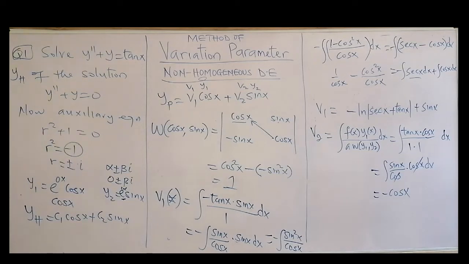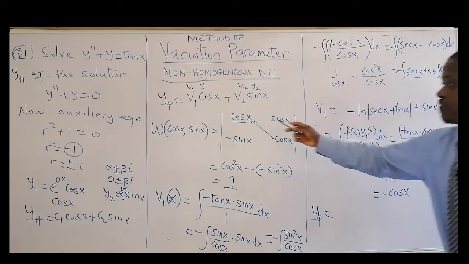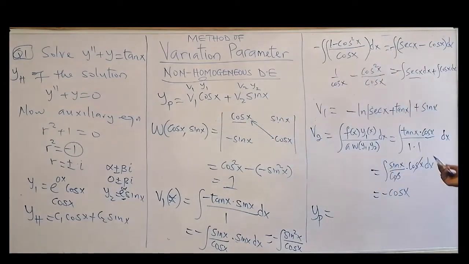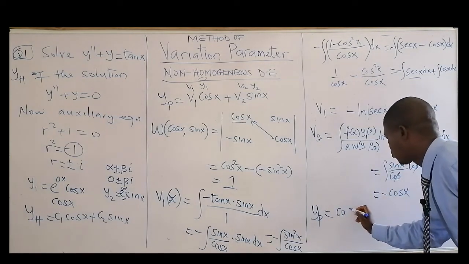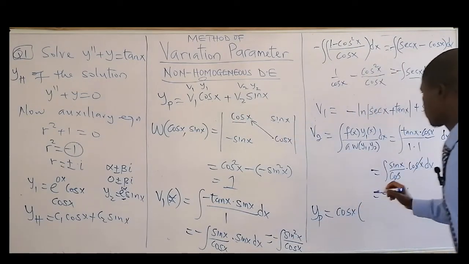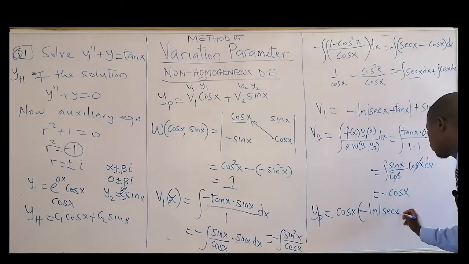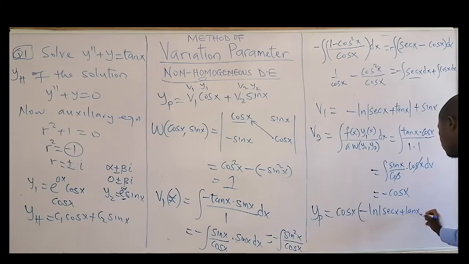So then for yp, we just substitute. We have said that yp is B1 times cos x, so that will be cos x times open brackets B1, minus ln of sec x plus tan x, plus sin x, close that.